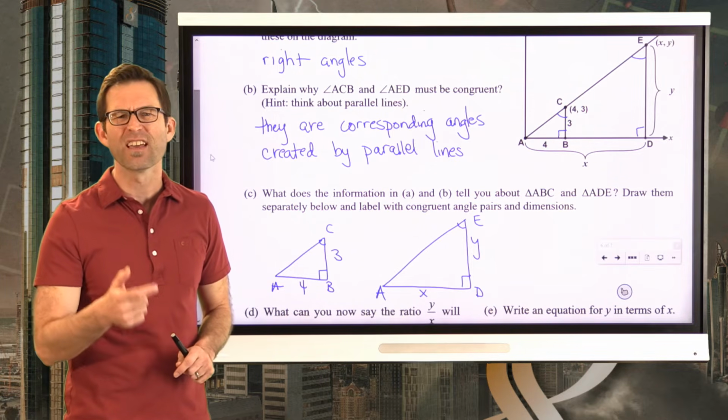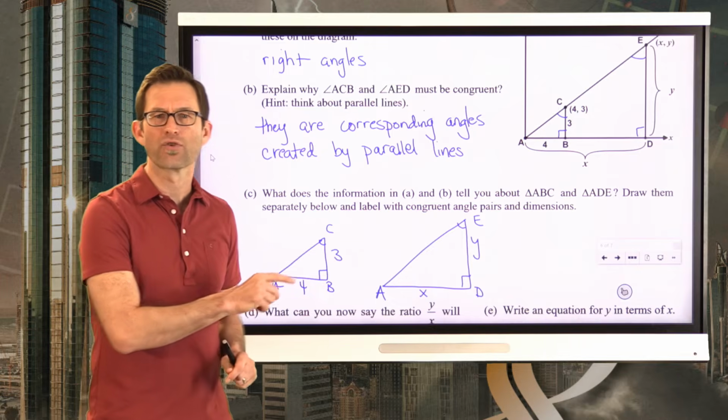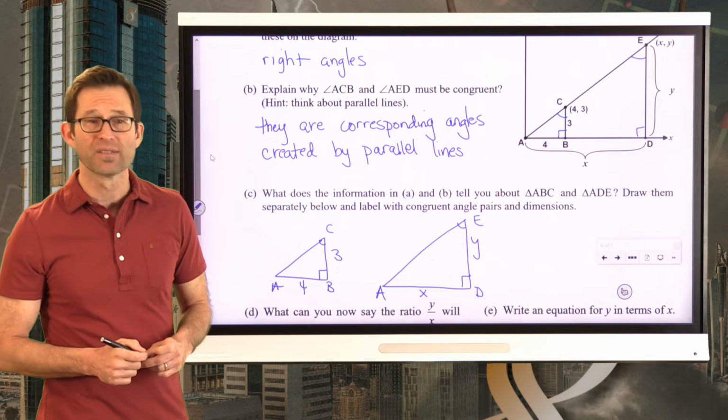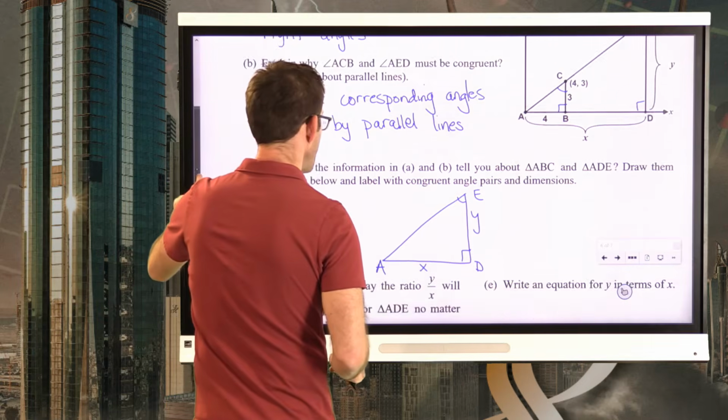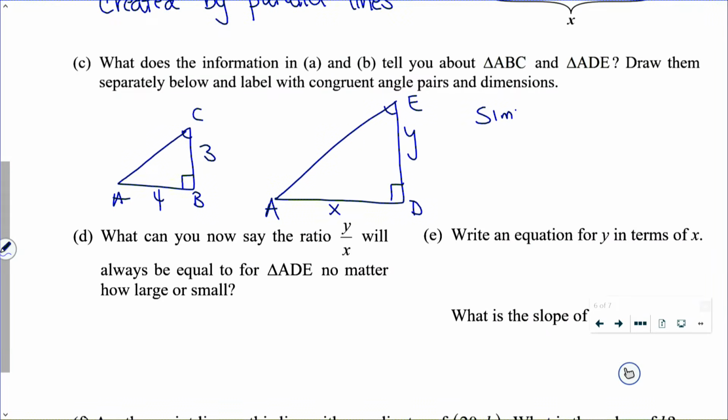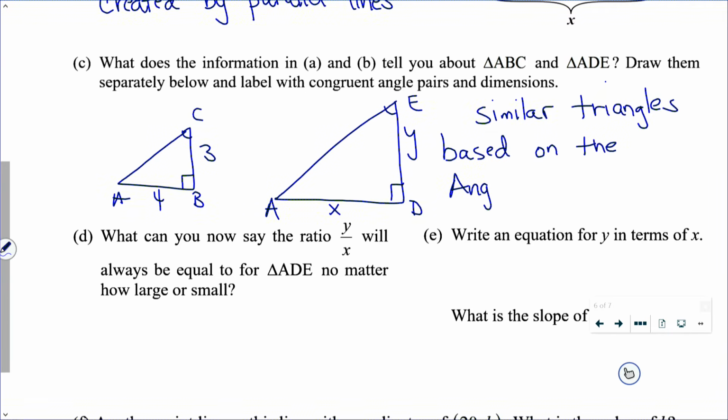We had this idea that if you had two angles of one triangle congruent to two angles of another triangle, then the two triangles had to be similar. So now I'm going to say they must be similar triangles based on the angle theorem.